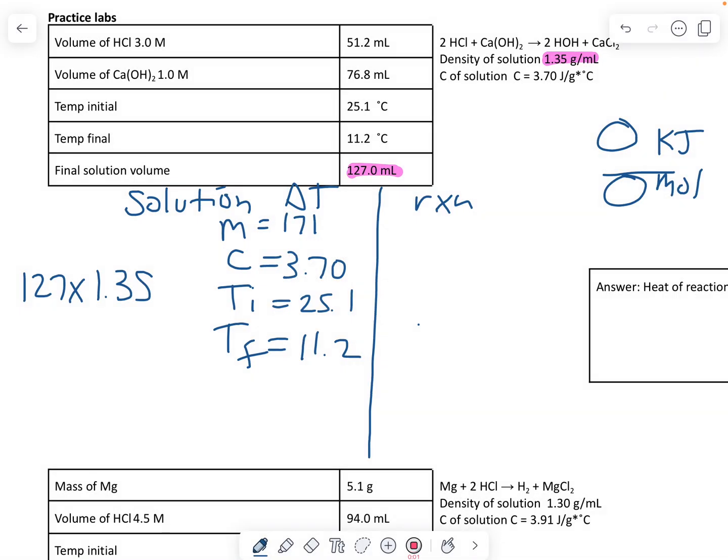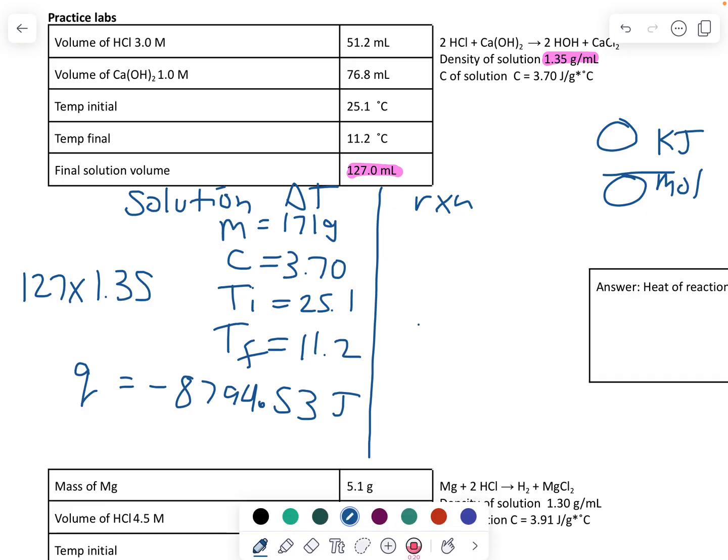So we MC delta T that, you're gonna get a Q equal to negative 8794.53. And every time you MC delta T, Q comes out in joules. Now here is the large leap that you have to make every time you do these problems.